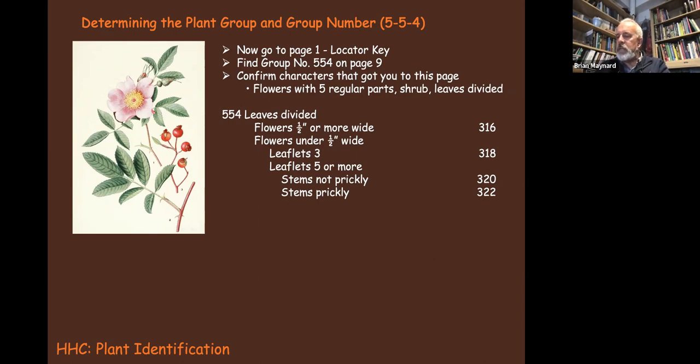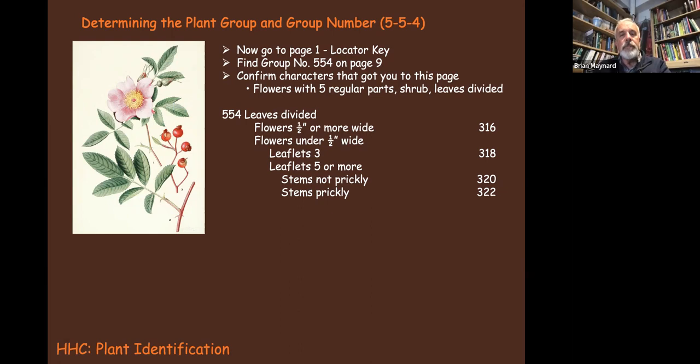Shrubs, and notice it says continued, and that means that there were shrubs on the previous page. But remember, the shrubs that we're looking for are on this page. And then down below, you see under 554, it says leaves divided. So the characters that got us to this page are repeated here, and we can confirm that just to make sure we're not getting lost.